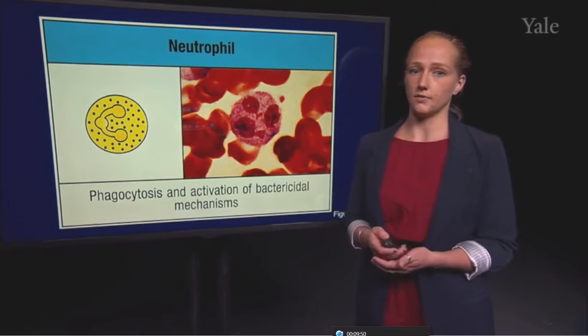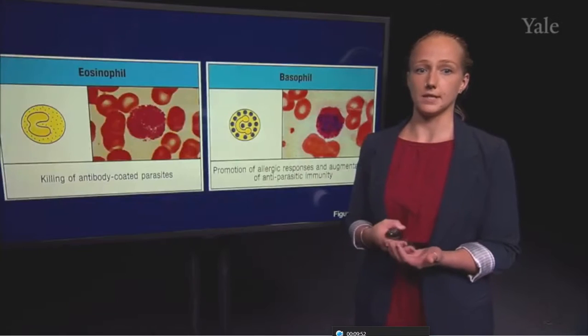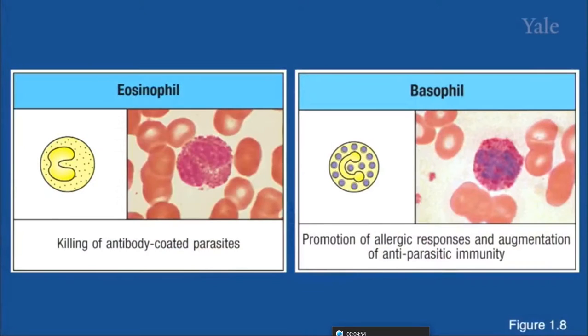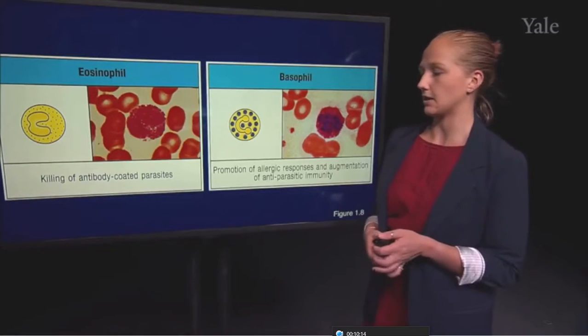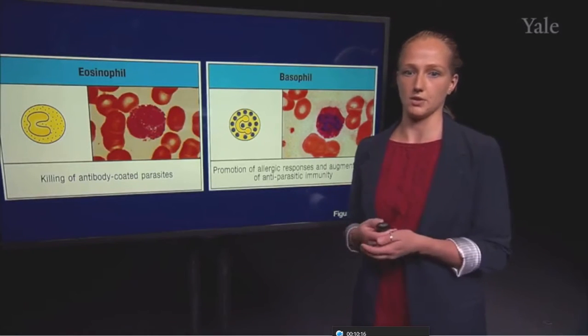The two other components of the granulocyte family are eosinophils and basophils. So these are much less abundant within our immune systems relative to neutrophils. However, they also contain the granules containing a variety of bactericidal and antimicrobial enzymes and toxic proteins that neutrophils have. However, they specifically function mostly against parasites and within allergic reactions.